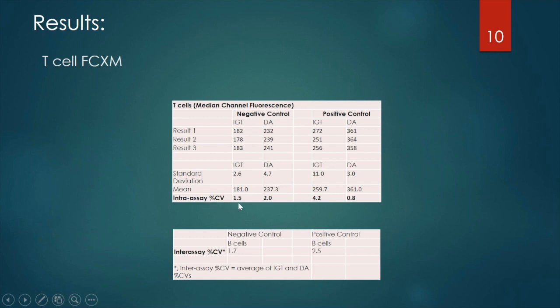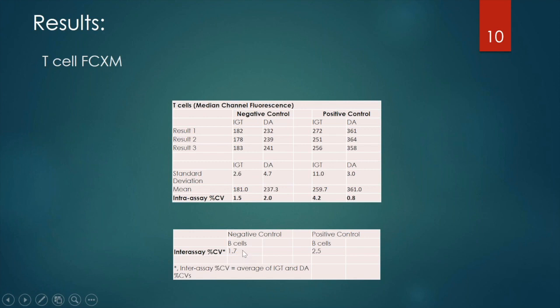So intra-assay % CV is 1.5 and 2 for IGT and DSL method, 4.2 and 0.8 for positive control IGT and DSL method. Here you would see that for negative control T cell, the IGT method showed a better intra-assay percent CV, but they are close.